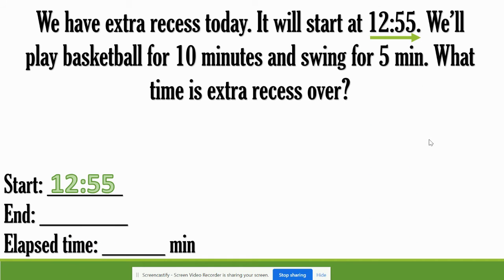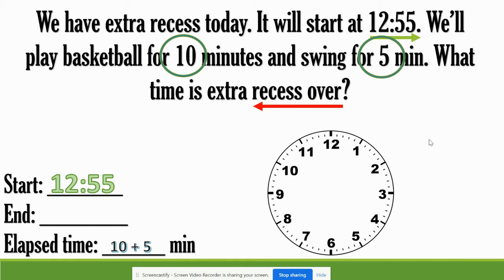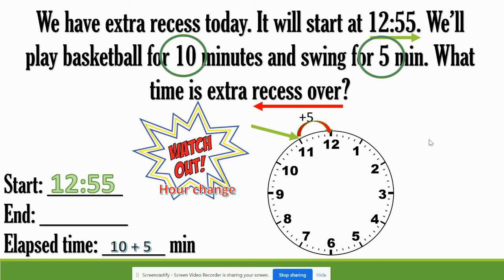Well, it looks like we've got a start time of 12:55. We've got elapsed time of 10 minutes and 5 minutes. So I'm finding my end time. Here's our clock. Where would we put that start arrow? Yep, at the big 11 showing 55. And we start jumpity bumping. 5. There's an hour change.